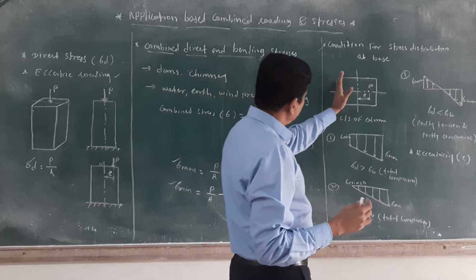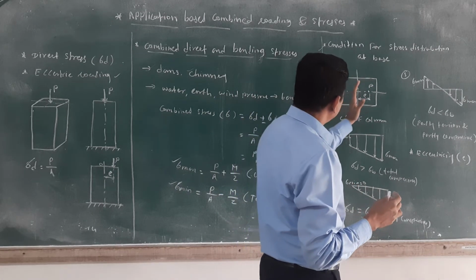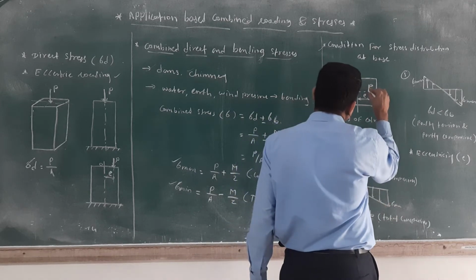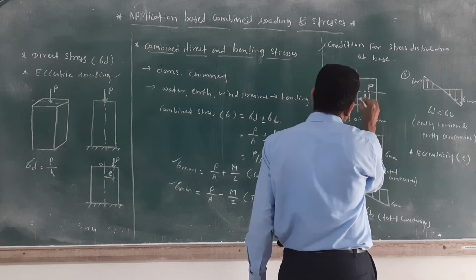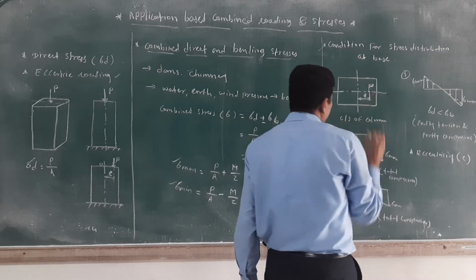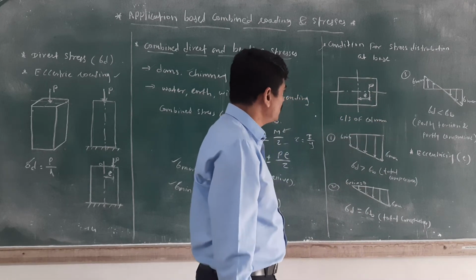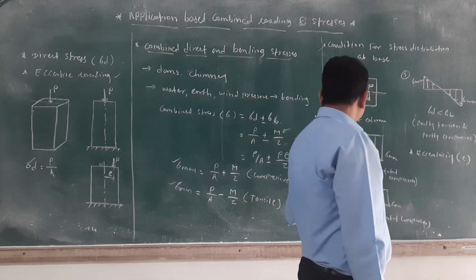See here, I have considered one column. I have taken the cross section of that column, and here the load is P. Then we get the eccentricity E from the axis of the column to where the load P is; this horizontal distance is E. Then see the first condition.